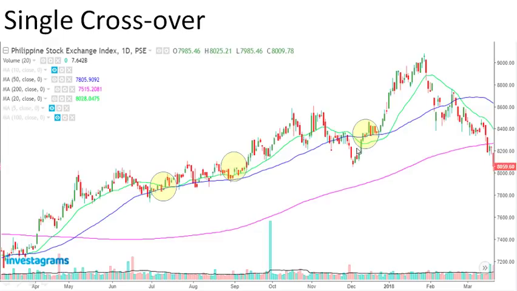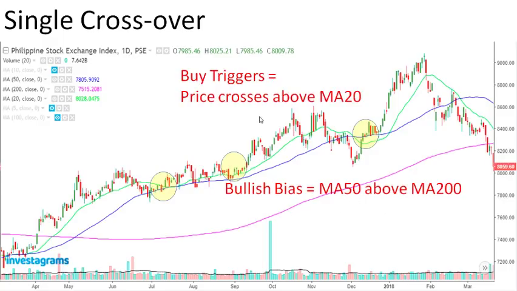Yung price crosses a certain smaller period moving average. So, bullish bias mo is MA50, it's above MA200, tapos si particulars mo, price crosses above MA20, like we discussed here now.